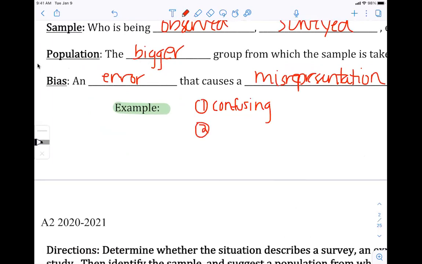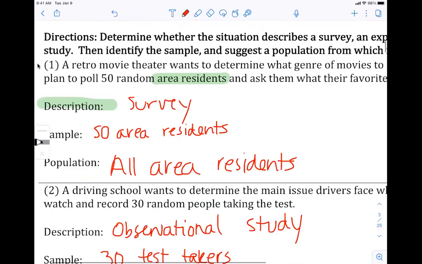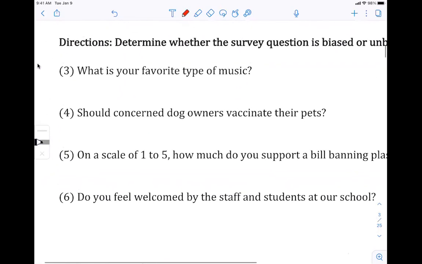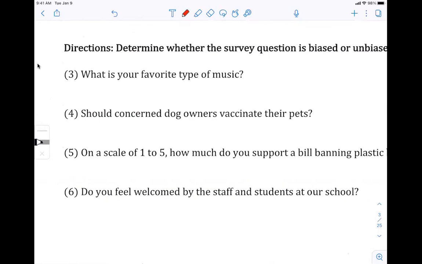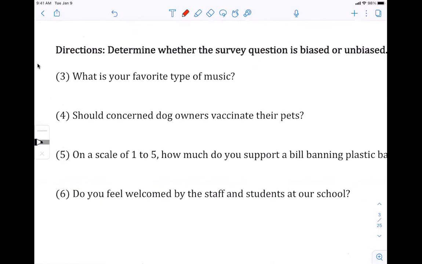Another reason that something would be biased would be something that causes a strong reaction. So for example, if we look at some of the ones down here, let's just start working our way through some of these. The first one is, what is your favorite type of music?